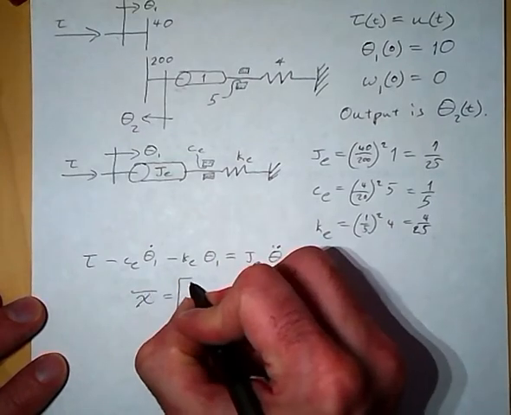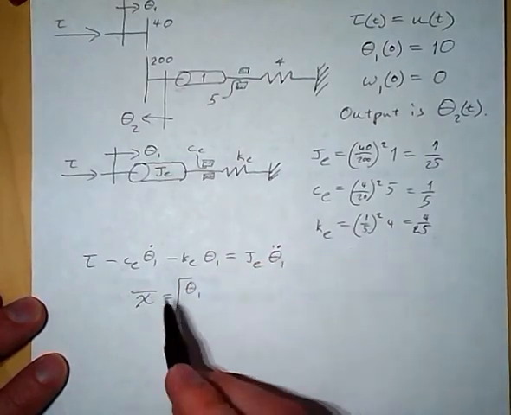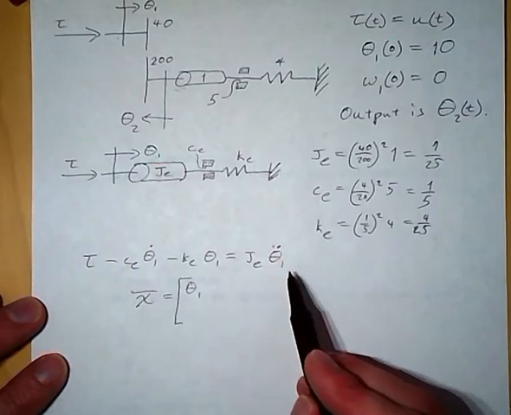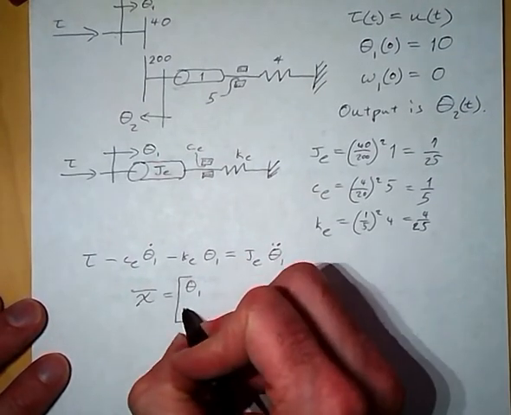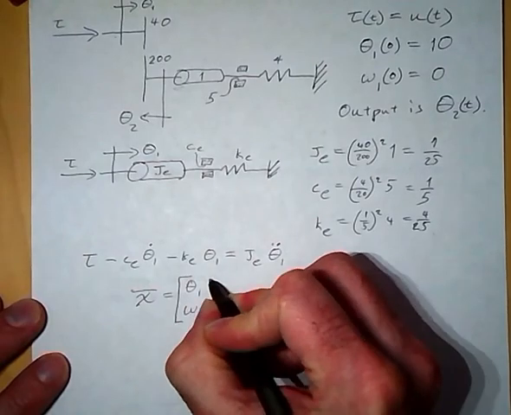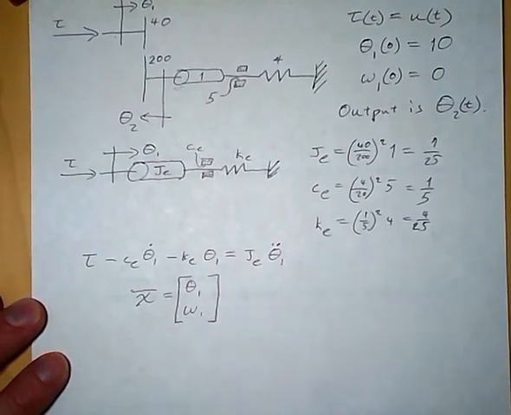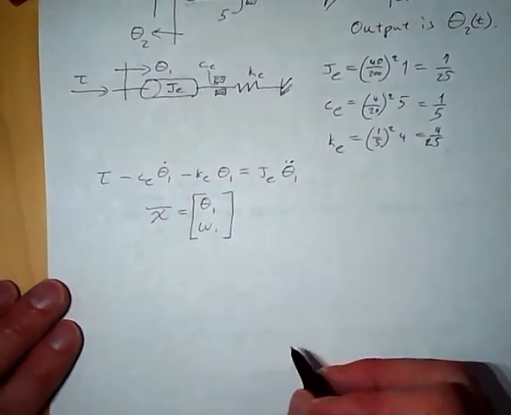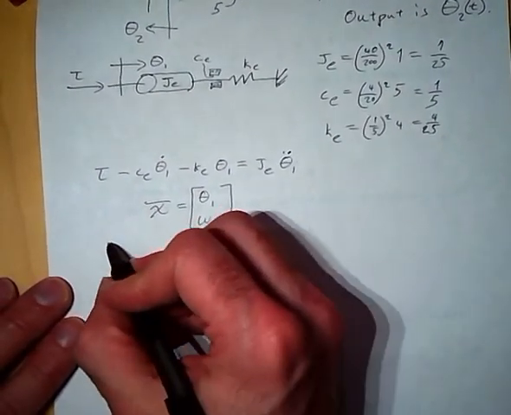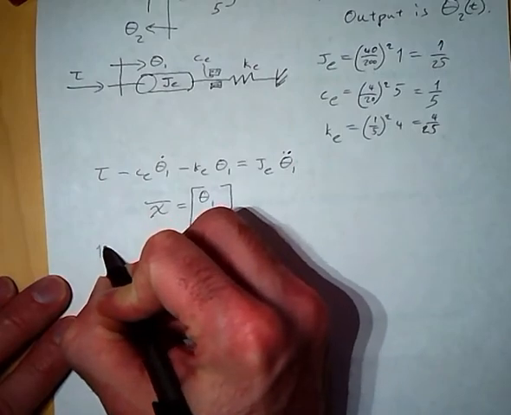So theta 1 will be one of our state variables. And then we also have theta 1 dot with its time derivative. So theta 1 dot will be our other state variable, and we'll call theta 1 dot omega 1. So now that we have our state variables, the next task is to write first order differential equations. And these will be our state equations.